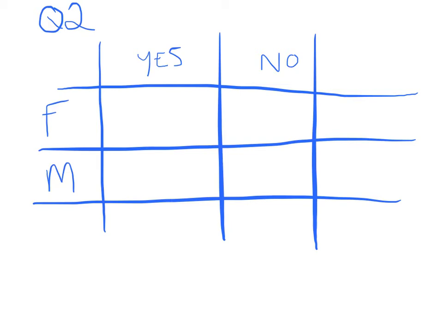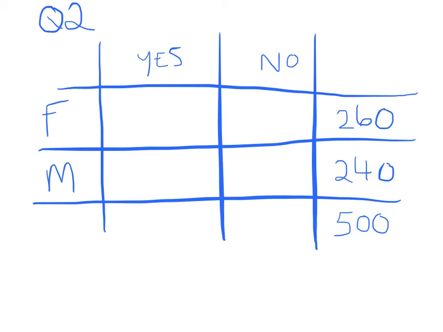Now, we've got to think about what information we've been given so that we can fill in the rest. Now, we know that there's 500 overall, so we can put in the grand total. And we also know that there were 240 males and 260 females. So we can put in the total number of males and the total number of females.